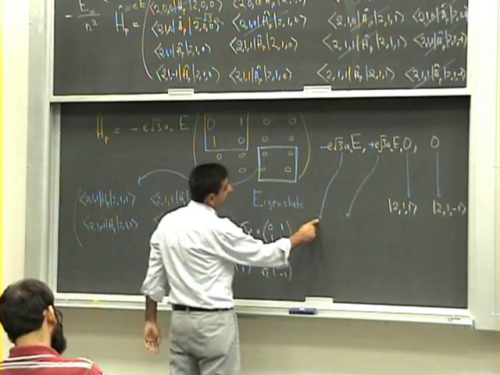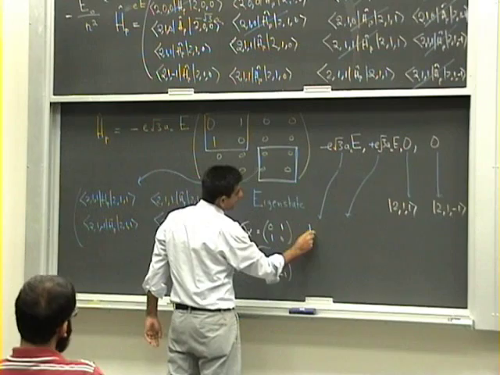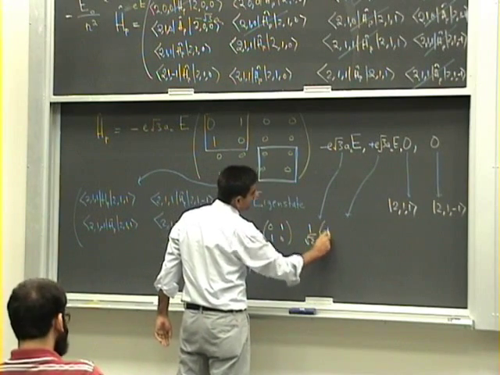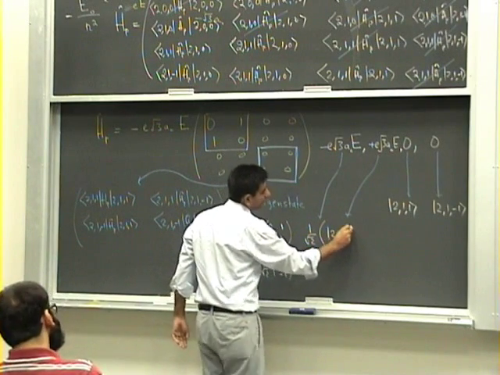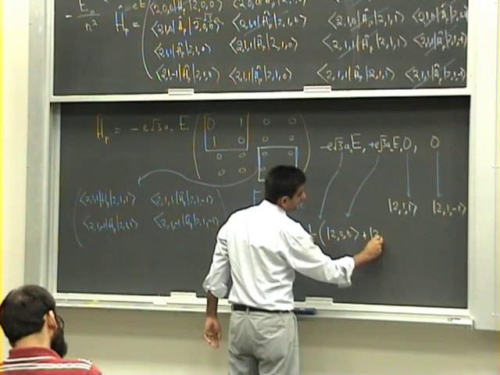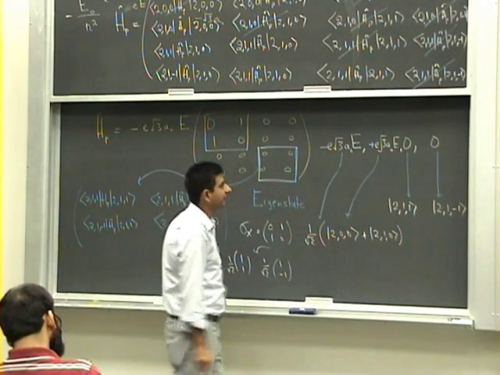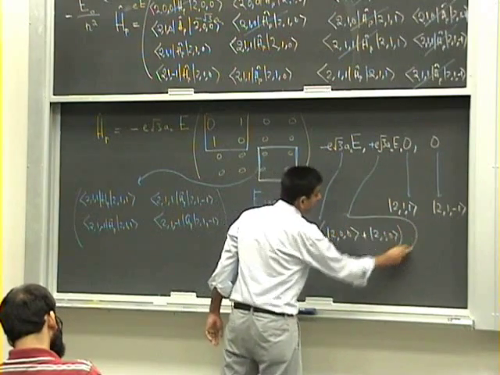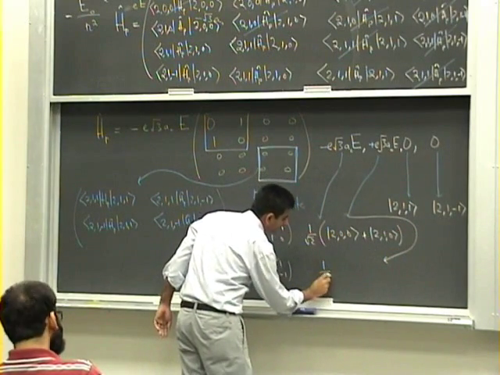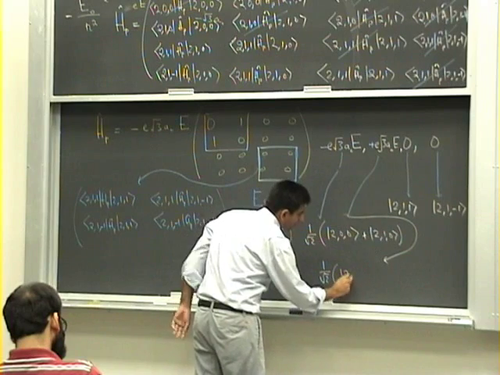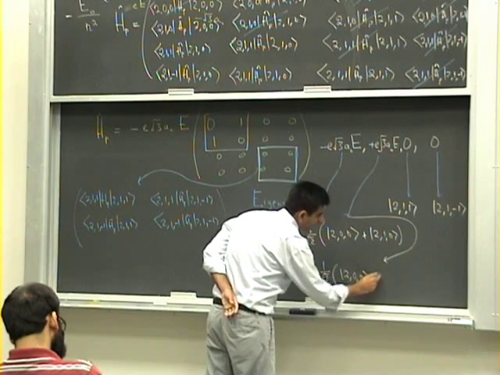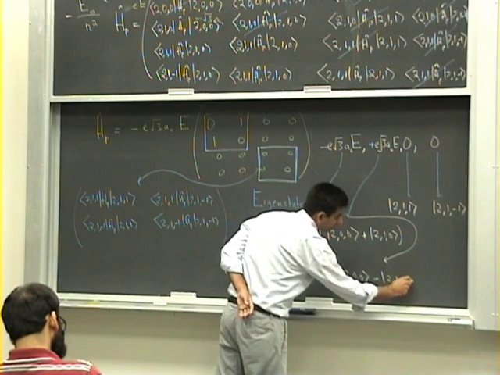So this eigenvalue corresponds to the state 1 over under root 2, |2 0 0⟩ plus |2 1 0⟩. And this eigenvalue corresponds to 1 over under root 2, |2 0 0⟩ minus |2 1 0⟩.